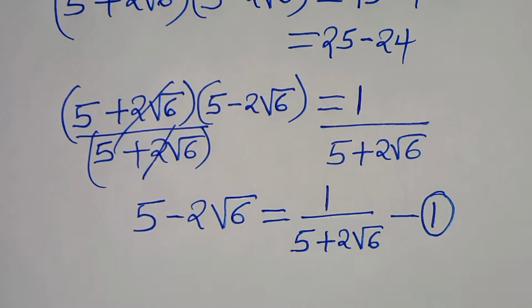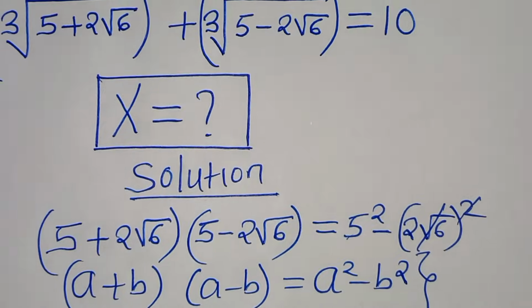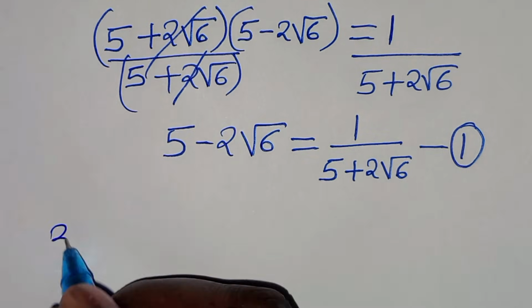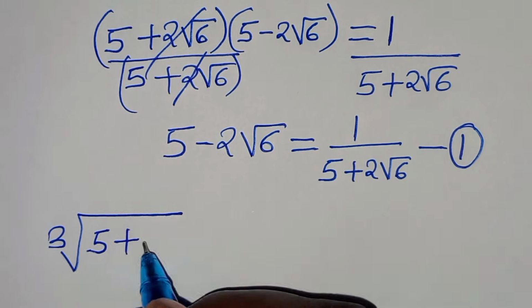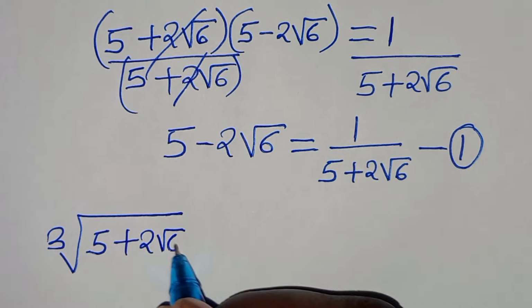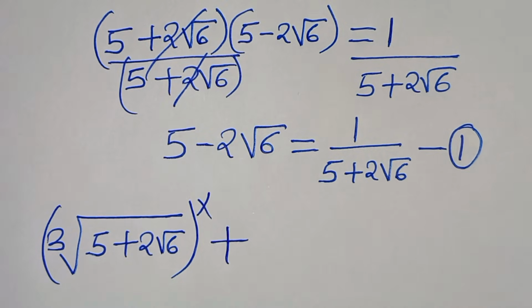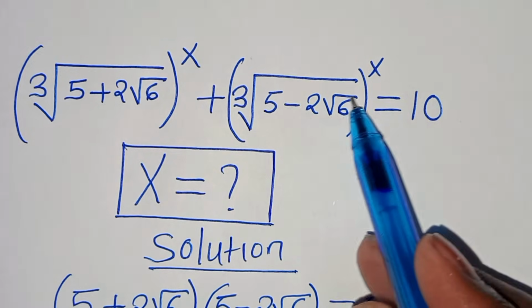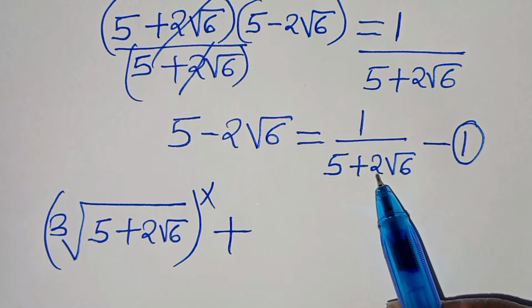Now, if we go back to the equation here, we have the cube root of 5 plus 2 root 6 raised to the power of x, then plus. Where we have 5 minus 2 root 6, we can substitute this with 1 over 5 plus 2 root 6.